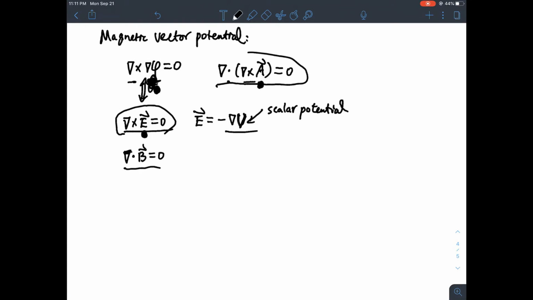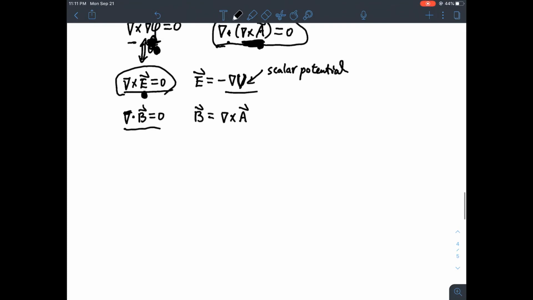Because the divergence of the curl of any vector is equal to 0, we can try to write the magnetic field as the curl of a vector A. This vector A is similar to the scalar potential that we have for the electric field, and here we call it a vector potential.